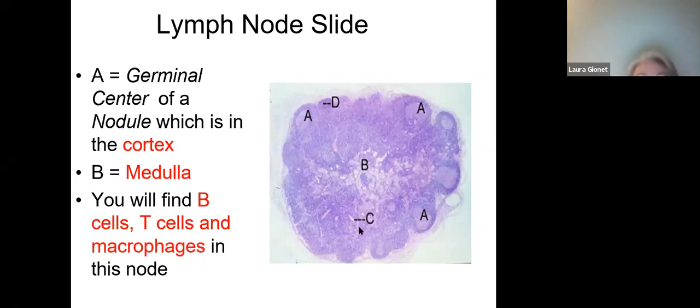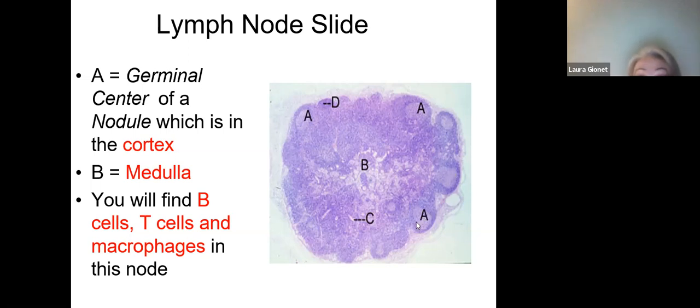Here is a slide of the lymph node. You can see what looks like rather homogeneous tissue in the outer region, that is the cortex, and B is the inner region. You see how it looks kind of like Swiss cheese? That would be the medulla. And in the cortex, we have these nodules.